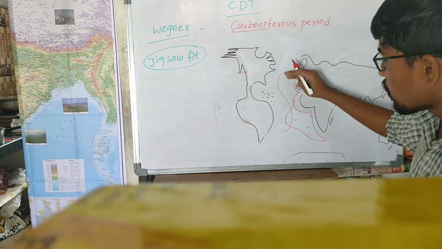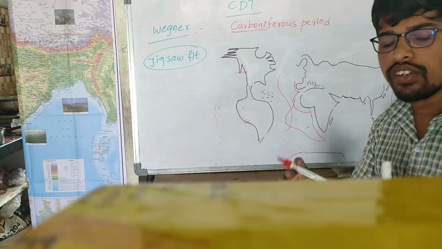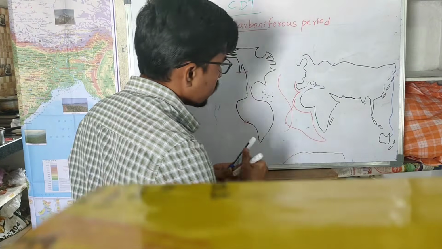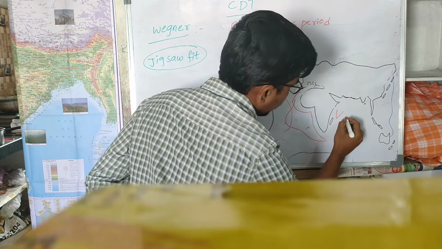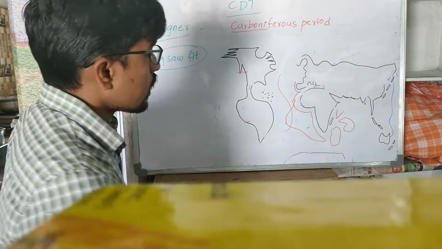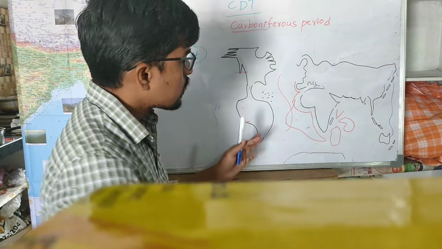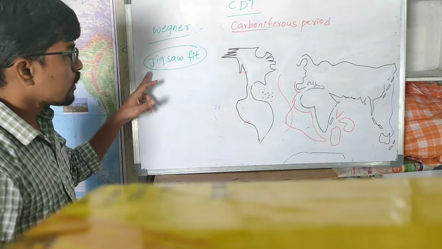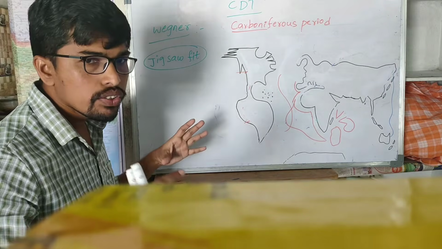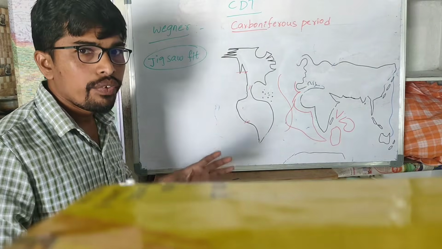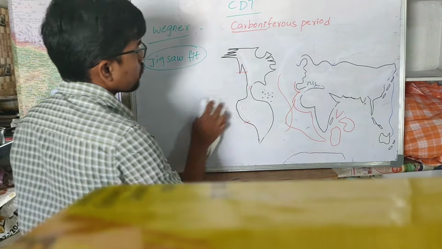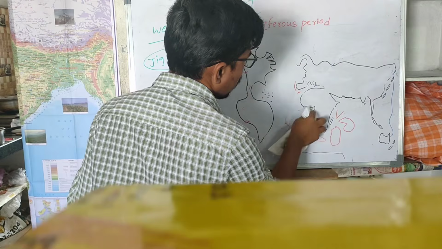So North America and South America can fit each other, like all the continents. Here India, here Australia, here Antarctica. These fit roughly and fairly correctly. So according to Wegener, the jigsaw fit is one of the evidences that all these continents fit each other exactly. And the next evidence is rocks.